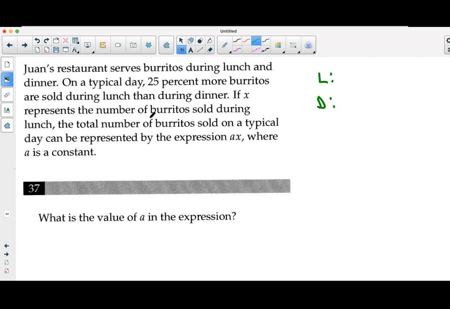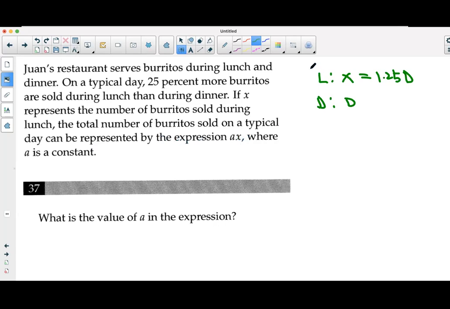If X represents the number of burritos sold during lunch, then let's call dinner D. Then lunch would be 1.25 D, because lunch sells 25% more than dinner. And the total number of burritos sold in a typical day can be represented by the expression AX.